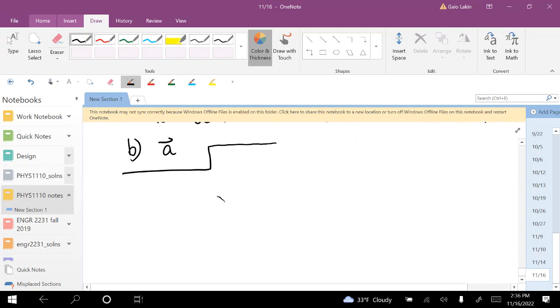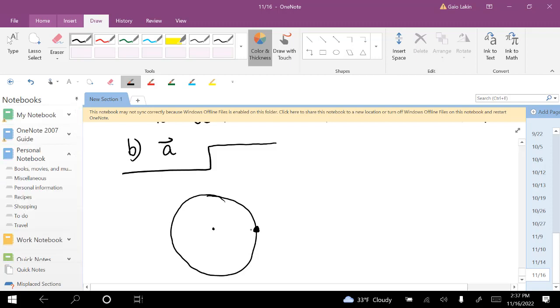Okay, so the first step is choose a view where you can see the circular path. And we're already told in this problem what location the object is that we care about. So we don't get to choose that this time, so it's over here. Draw the centripetal acceleration vector, so the vector from the object toward the center.